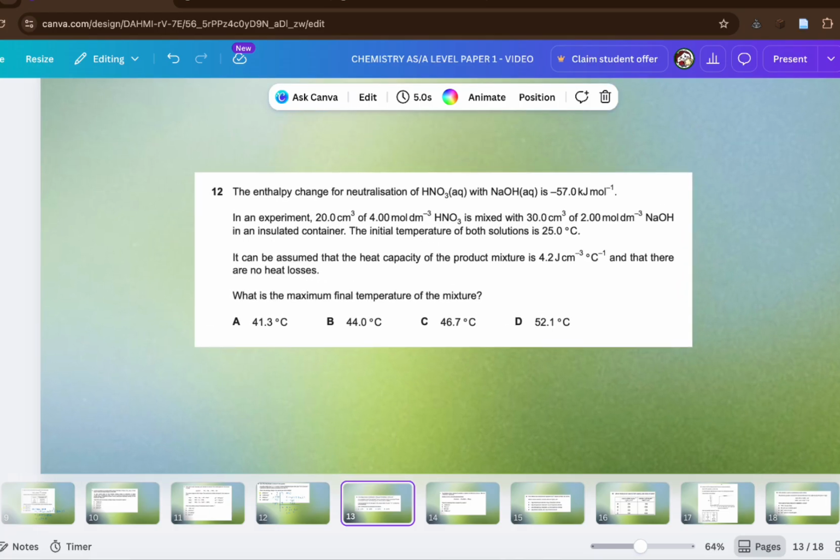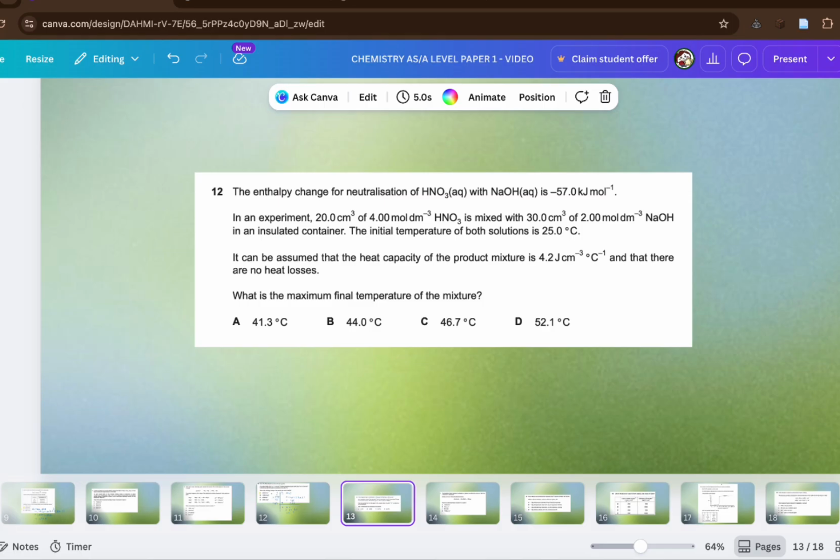Next question. The enthalpy change of neutralization of HNO3 with sodium hydroxide is negative 57 kilojoules per mole. In an experiment, 20 cubic centimeters of 4 mole per cubic decimeter HNO3 is mixed with 30 cubic centimeters of 2 mole per cubic decimeter of sodium hydroxide in an insulated container.